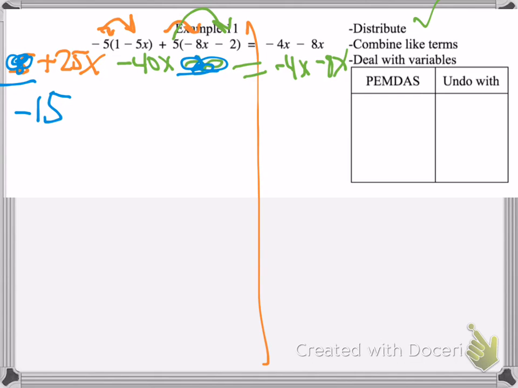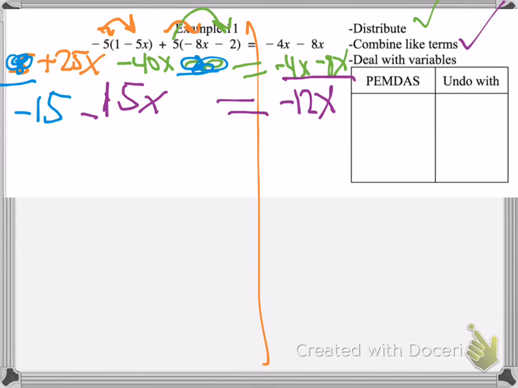I have 25x and negative 40x, so that gives me negative 15x. On my right side, I can combine those two. I got negative 4x and negative 8x. Those are like terms, so we can combine those together to get negative 12x. So I distributed, then I just combined my like terms.